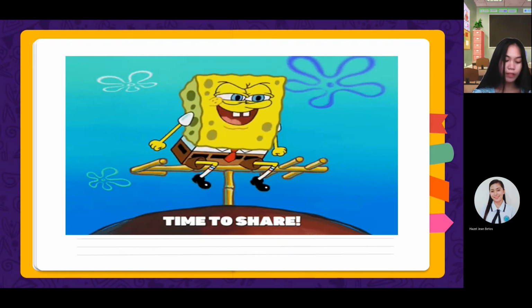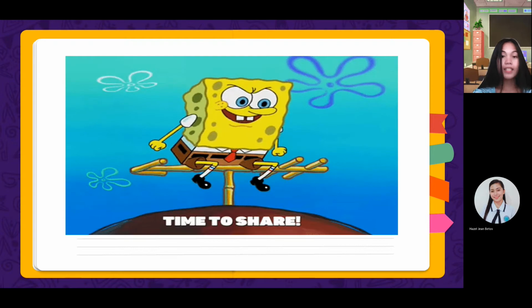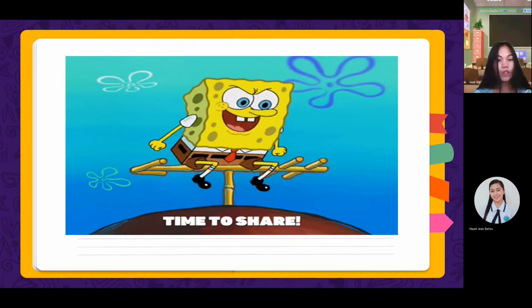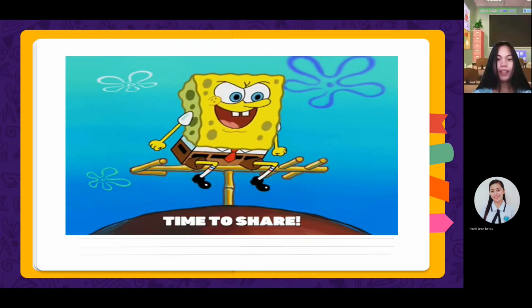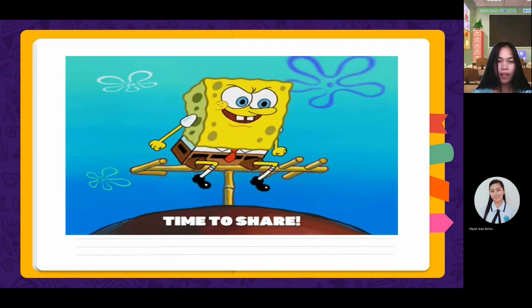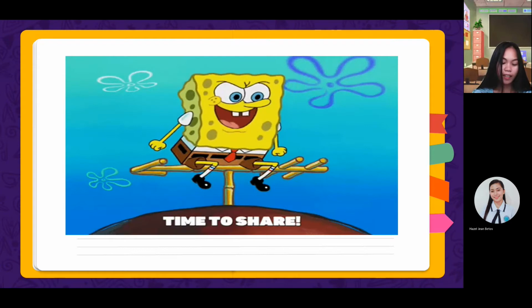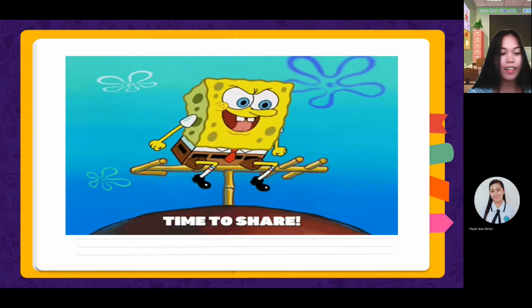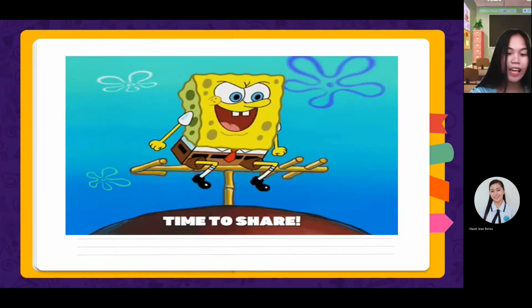Okay, group 1. It is important for the readers because it helps them understand and enjoy the story more. And there's one thing. Yes, it helps a reader draw on specific details in the text. All right, very good, class.